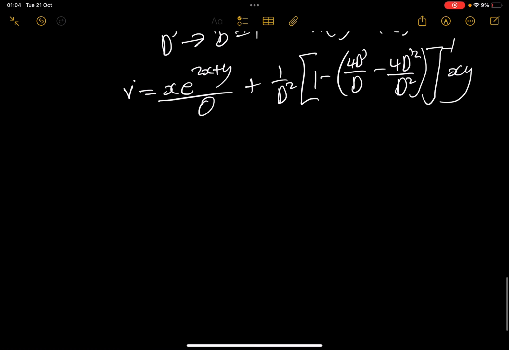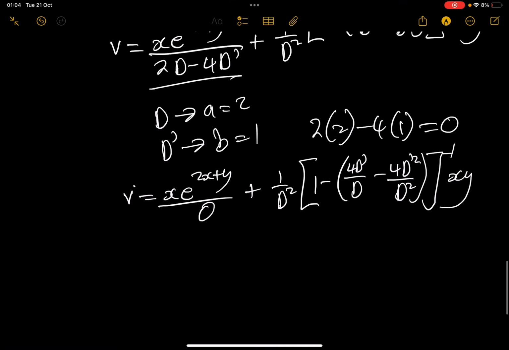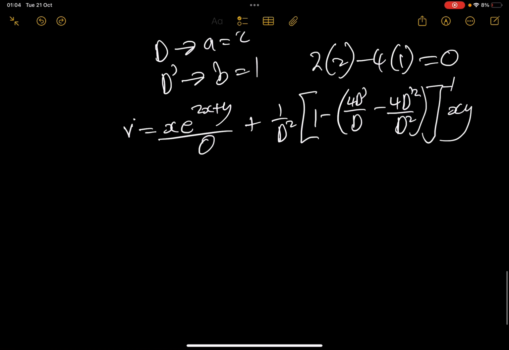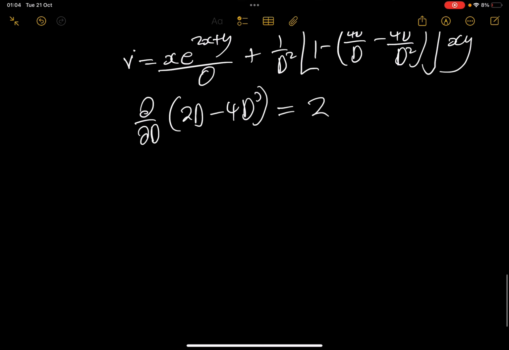Now again, since we're getting 0 here, we need to differentiate this with respect to d again, so d is going to be 2d minus 4d prime. Remember, d prime is a constant, so here you're just going to get 2. So we can rewrite that as v equals x e 2x plus y over 2.